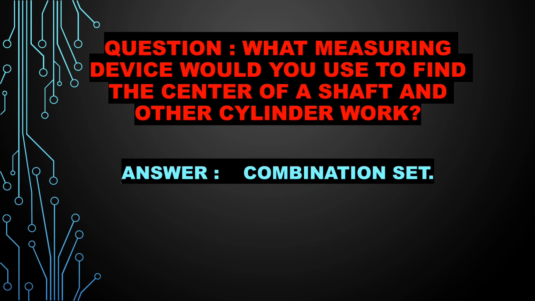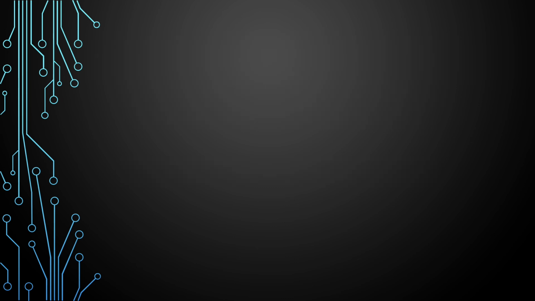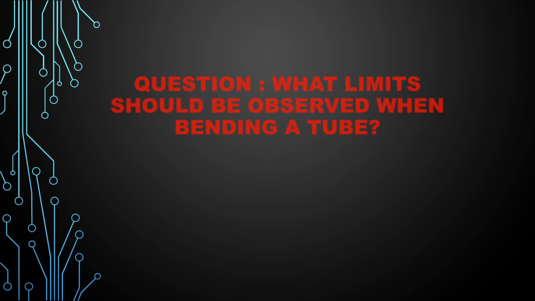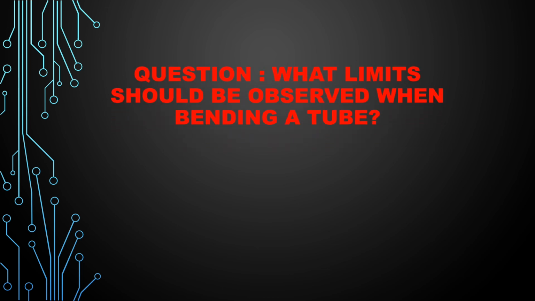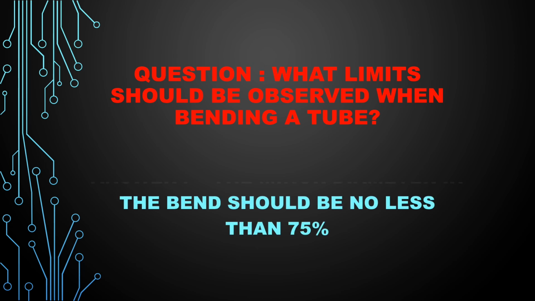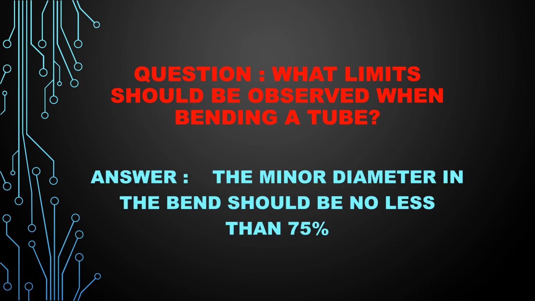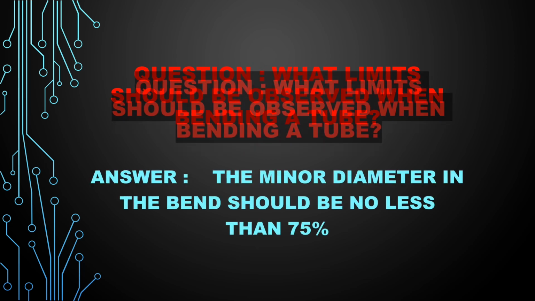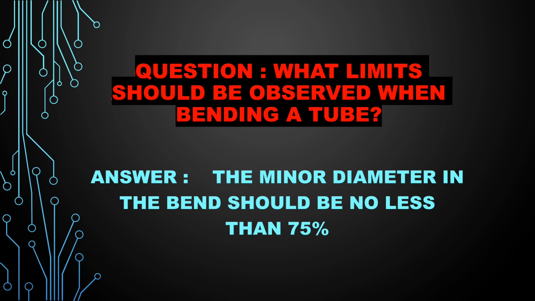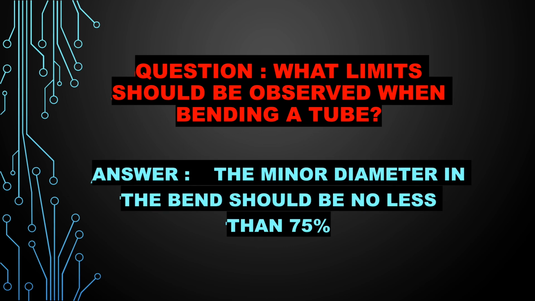Answer: combination set. Question: what limits should be observed when bending a tube? Answer: the minor diameter in the bend should be no less than 75%.